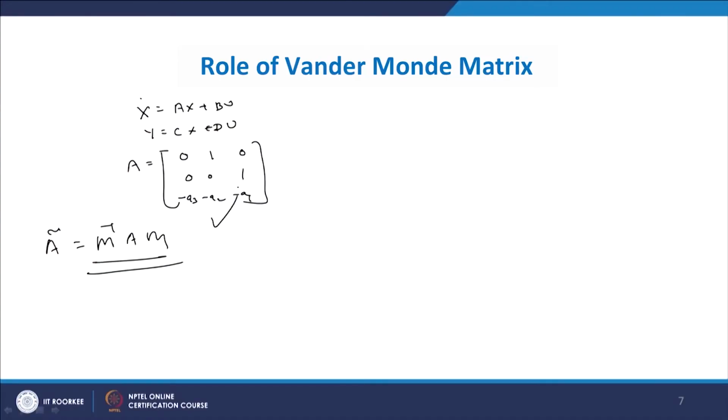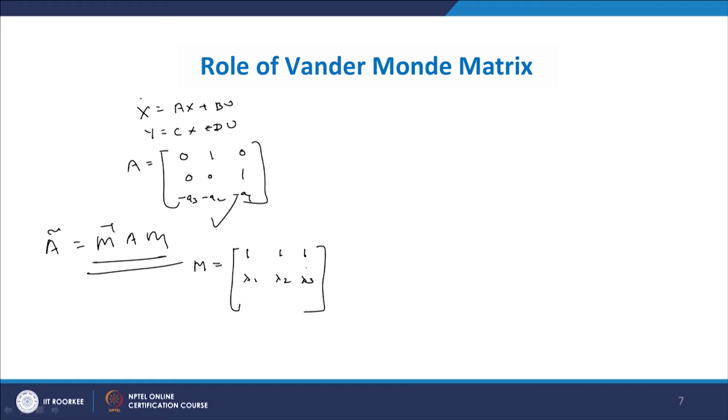In that case, if the given matrix is like this, the model matrix M we can write down as follows. Let us say this is third order, so the first row we write as 1 1 1. If nth order, we write 1 1 up to n. Now the second row: the eigenvalues lambda 1, lambda 2 and lambda 3.